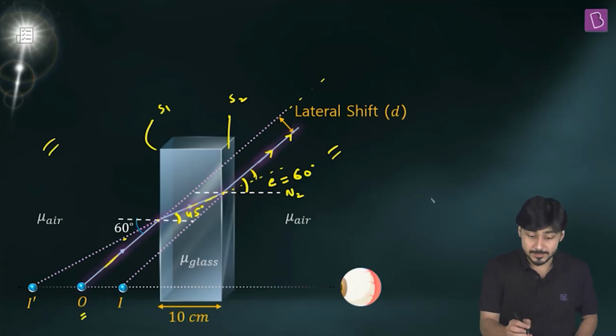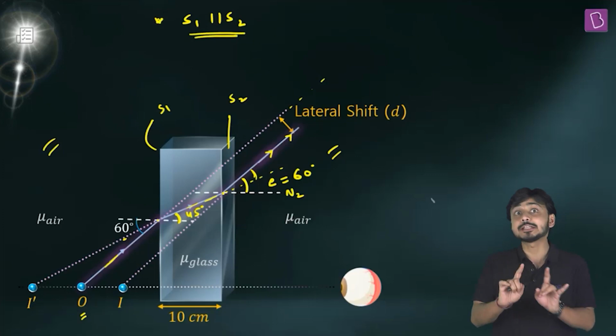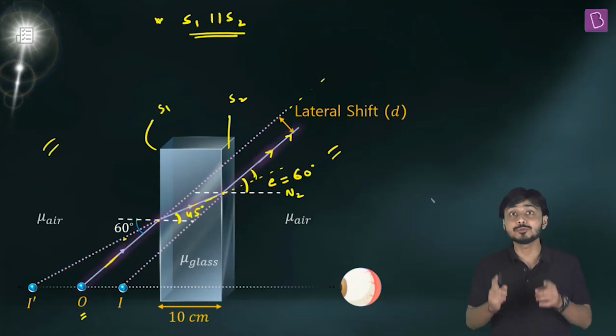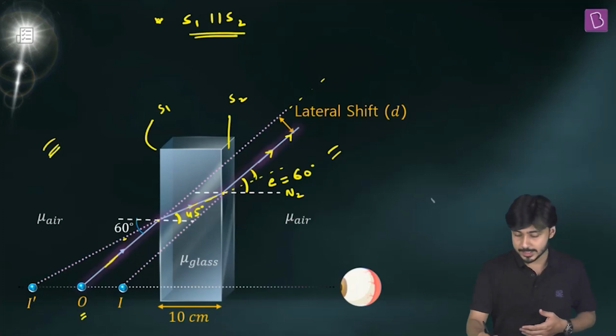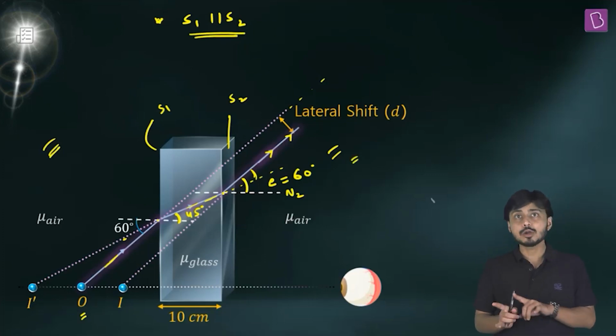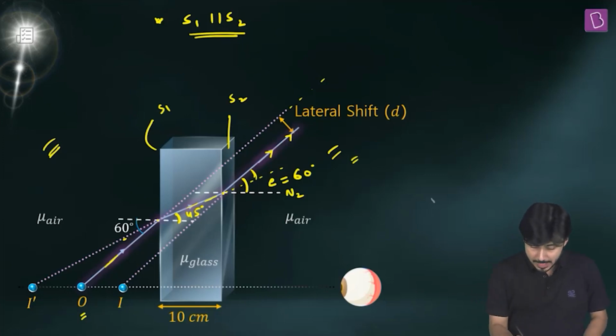But for such systems, check number 1 is that S1 is parallel to S2, and check number 2 is that the surrounding medium should be the same, common. It's not like here it's air, here it's water. Then I will not be equal to E, right? Okay. Now, if you see this and this angle, they are equal.